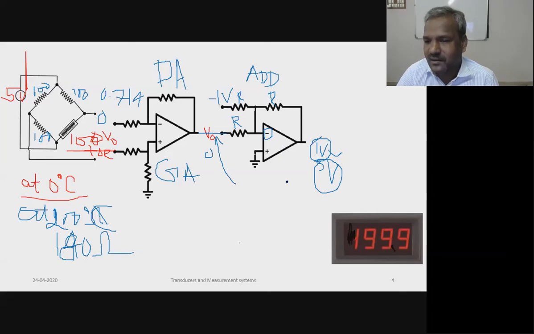Please tell me in the chat window what the voltage output should be here when the temperature is 200 degrees Celsius. Anybody?